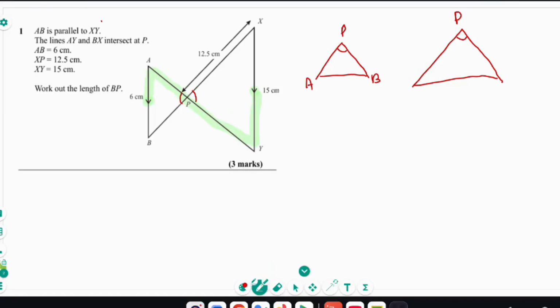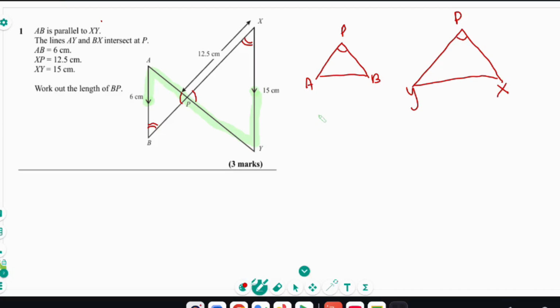So can we see A is the same as Y? And similarly, if I did my Z the other way around, B is the same size as the angle X. So I'm going to put B here and X here.